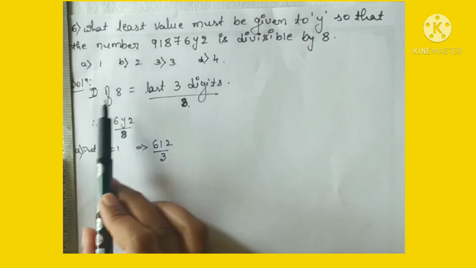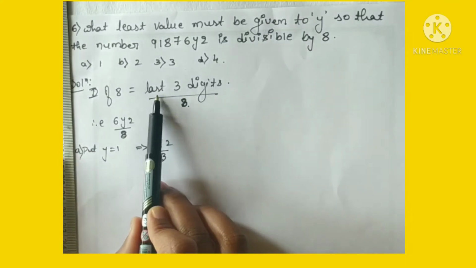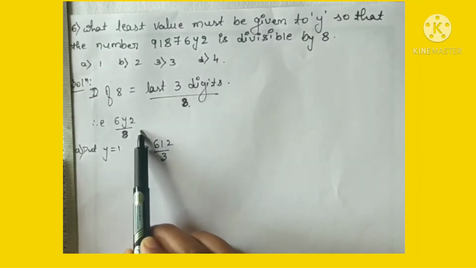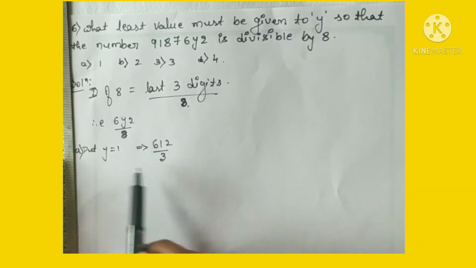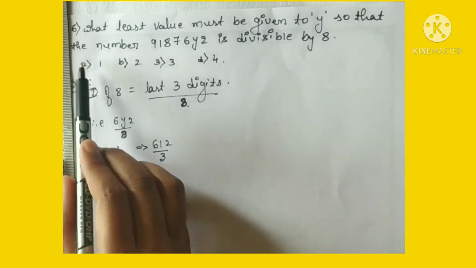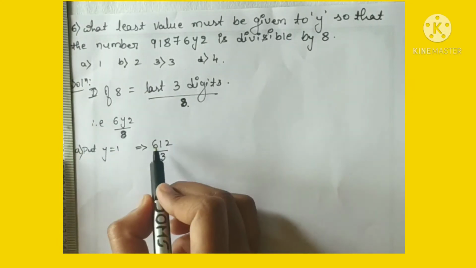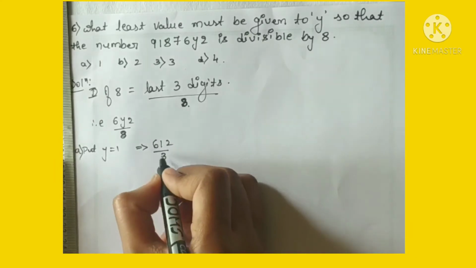The divisibility rule of 8 says the last 3 digits must be divisible by 8. I take the value of y is equal to 1, 612 by 8.